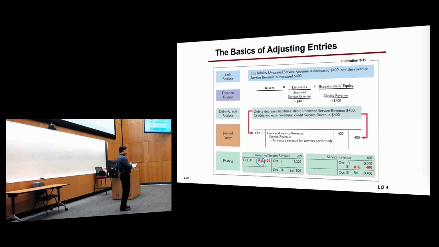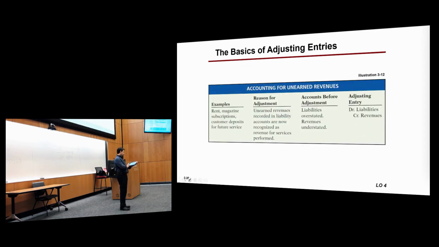Okay? So this is how we deal with unearned revenues. We debit the liability, which is unearned revenue, we credit revenue. This is how we adjust for the earned part of unearned revenue.